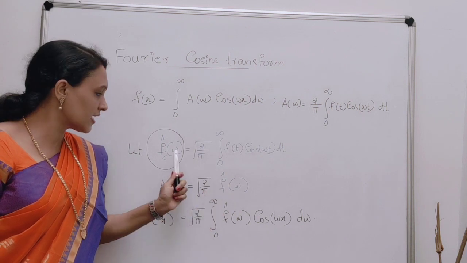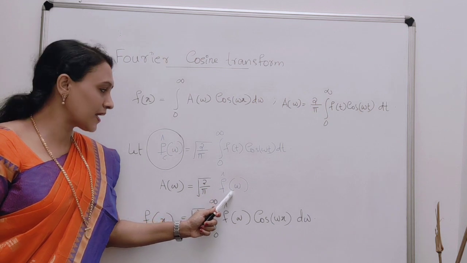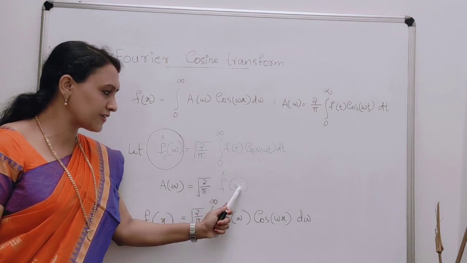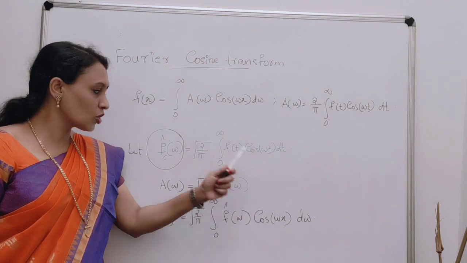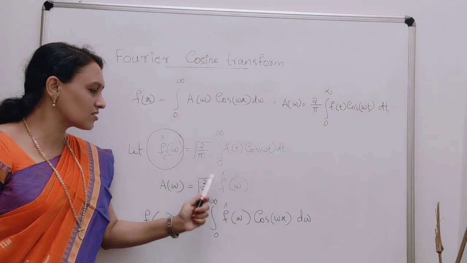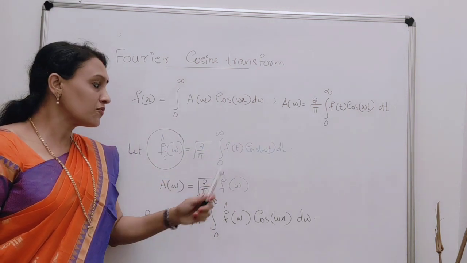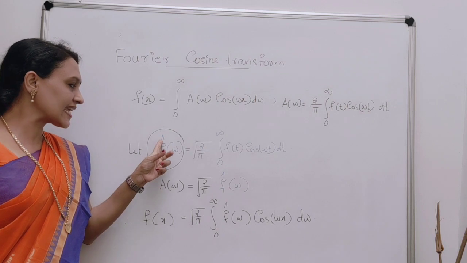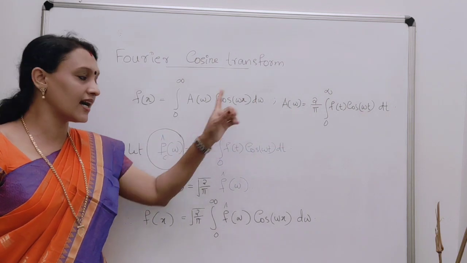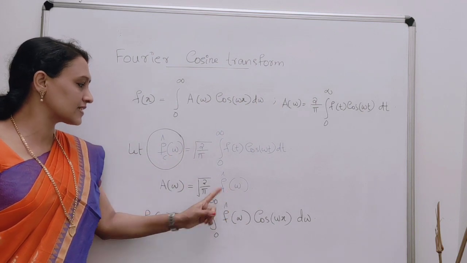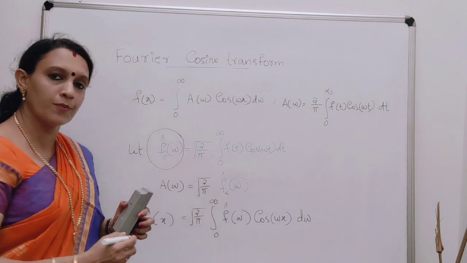F c cap omega is again root of 2 by pi into integral 0 to infinity f of t into cos omega t dt. Root 2 by pi into this root 2 by pi gives 2 by pi. So when we are setting F c cap omega like this, you can express A omega in terms of F c cap omega.